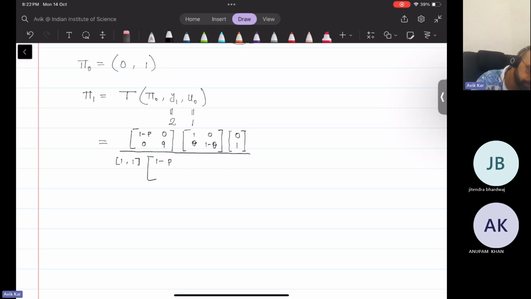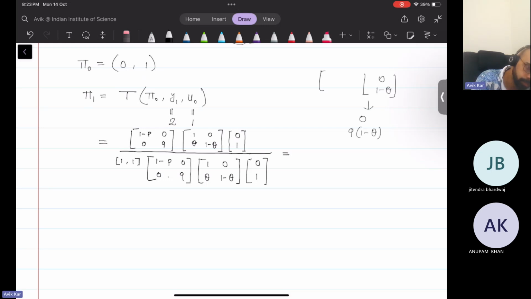The rest is the same. So this is 0 minus theta, then 0 and Q times 1 minus theta.